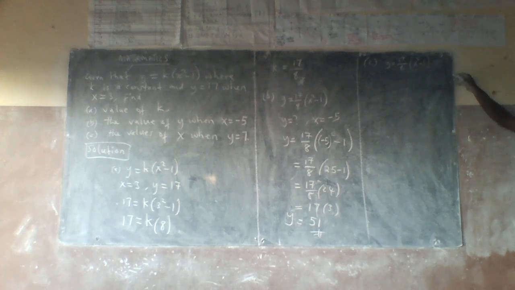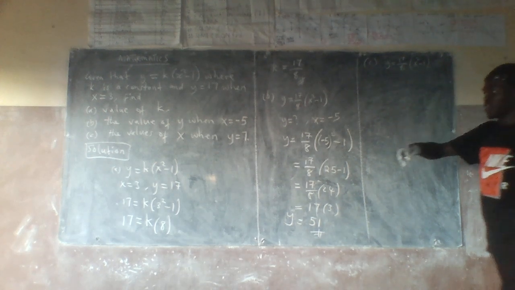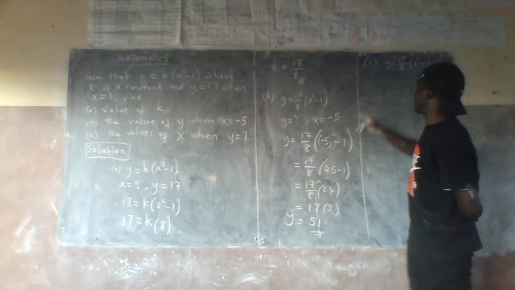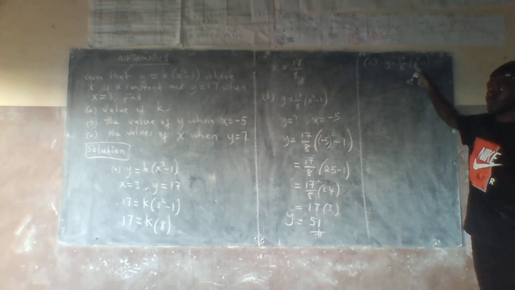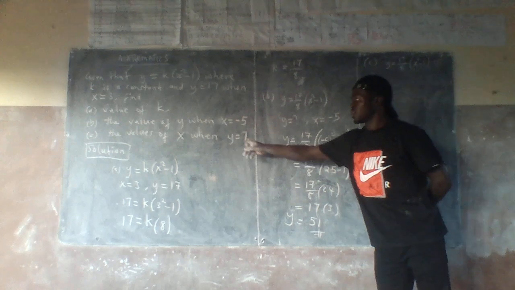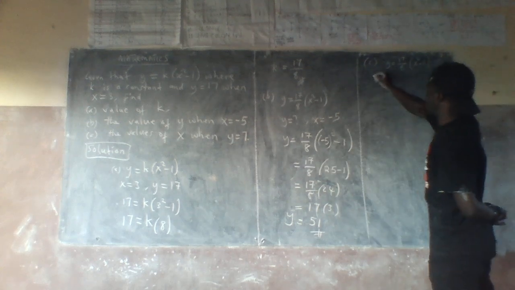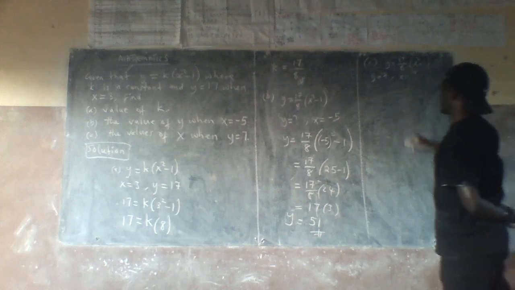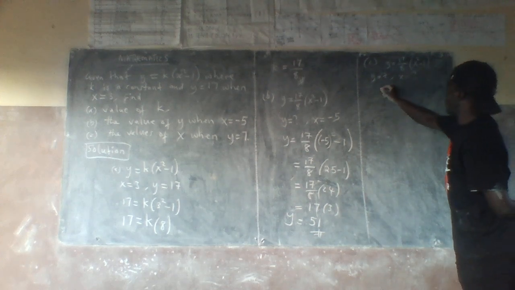So that you should be using this equation. So we have been told here that let's look for the values of x. They have said values because x is squared. When y is 7. So y is 7, then we do not know x.